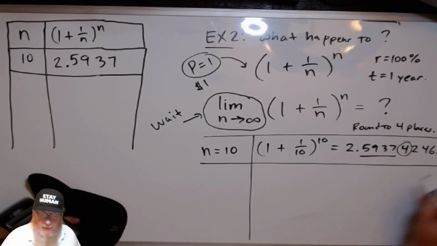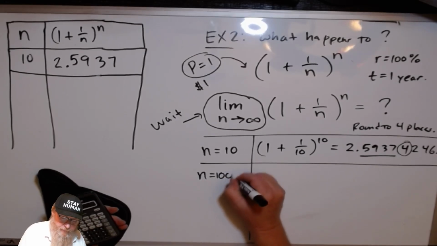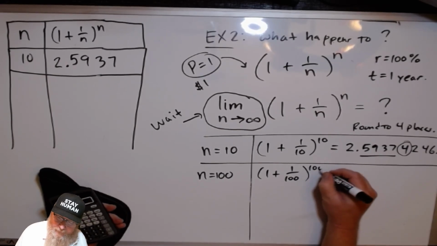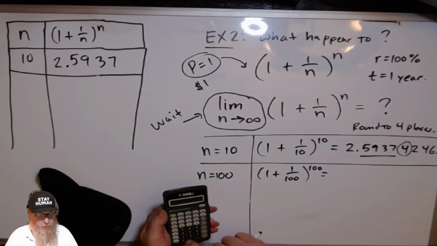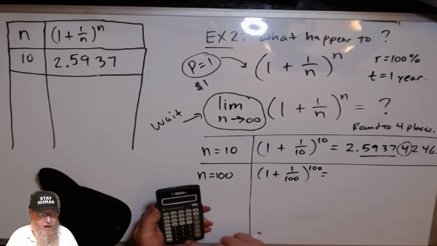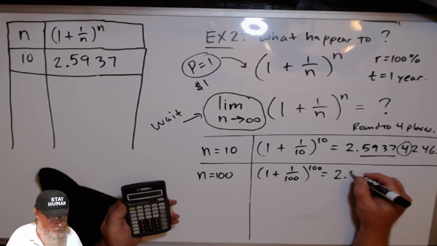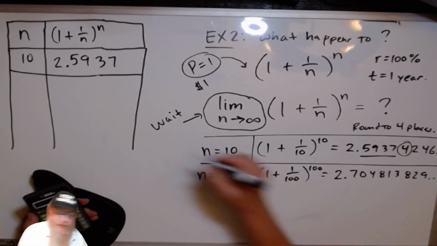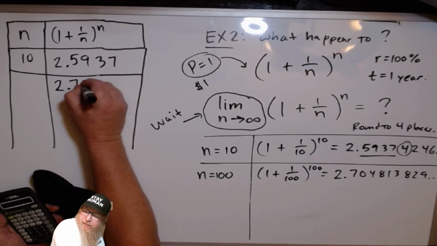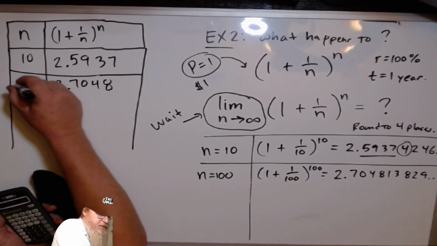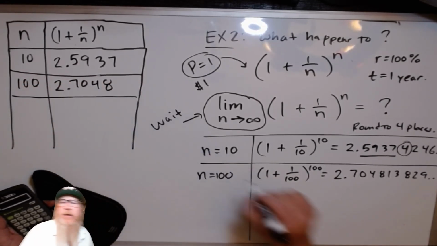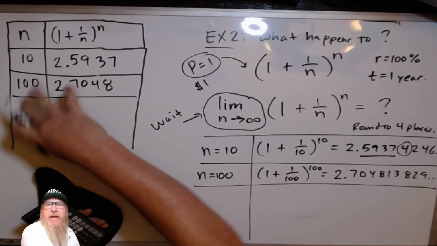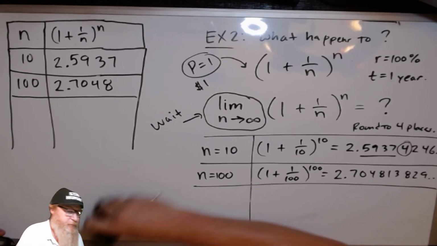Okay. All right, let's go to 100. 1.01 to the 100th power. 2.704813829. So 2.7048. I'm going to be erasing a lot of this stuff, so we'll keep this as our record, our bookkeeping here.